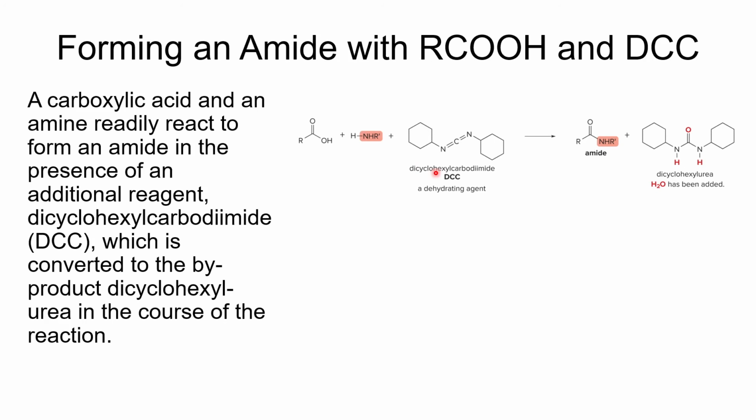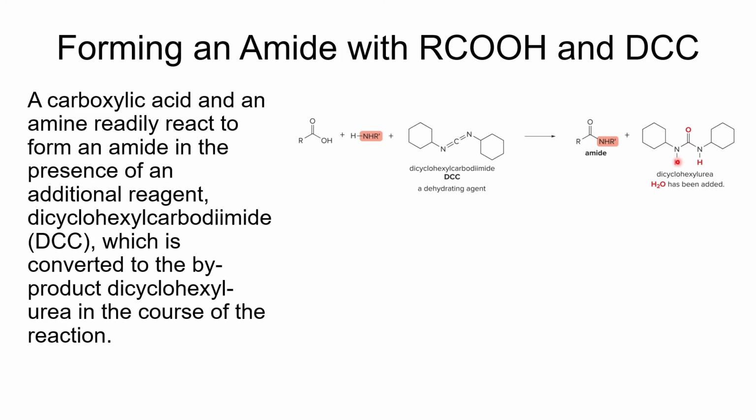Really, the only negative sides to this: everything has to dissolve in dichloromethane, DCM, which is not too hard because most organic things will dissolve in dichloromethane. And this product is not very soluble in dichloromethane, so you will get this coming out of solution as a solid.